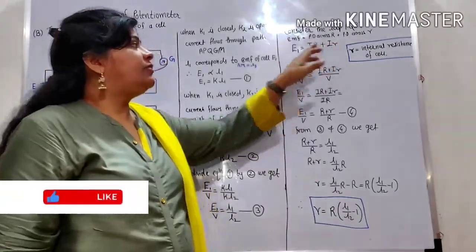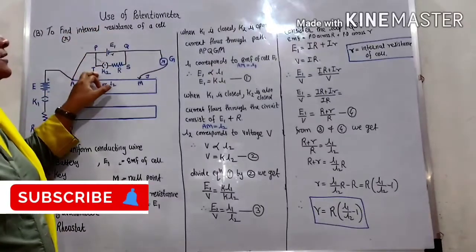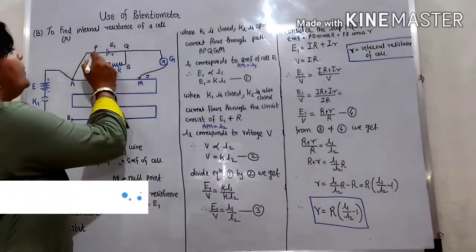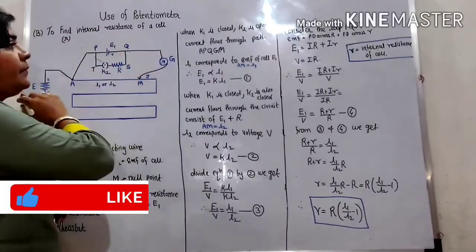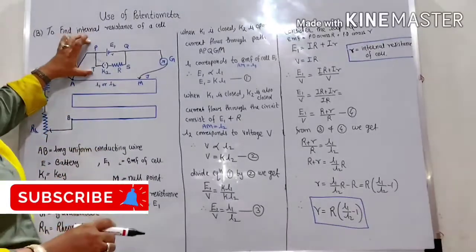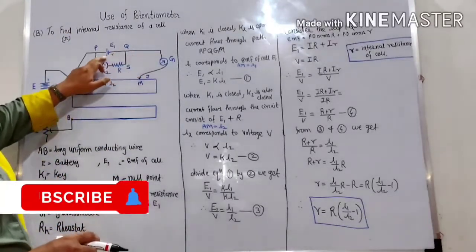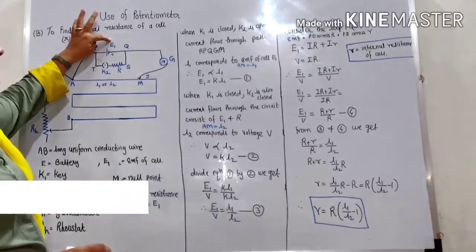Now consider the loop PQST and apply Ohm's law to it. The EMF of this cell is E1.